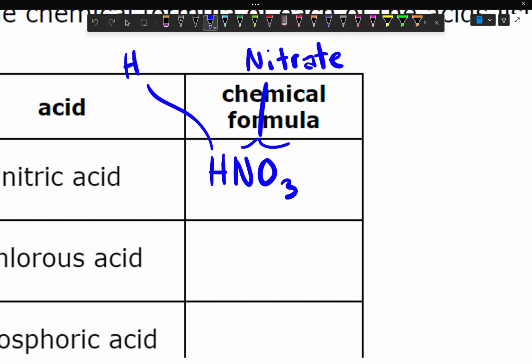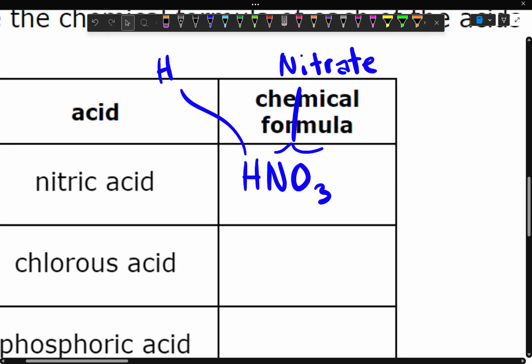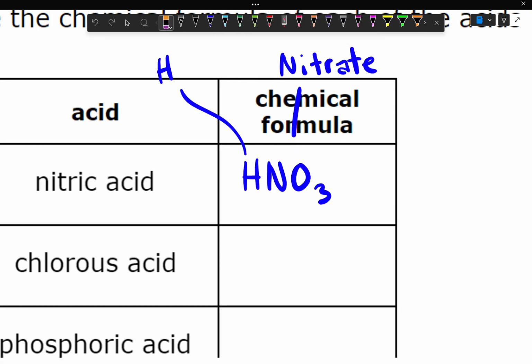One thing to mention here is you will need to make sure that your charges are correct when you are coming up with a formula for your acid.